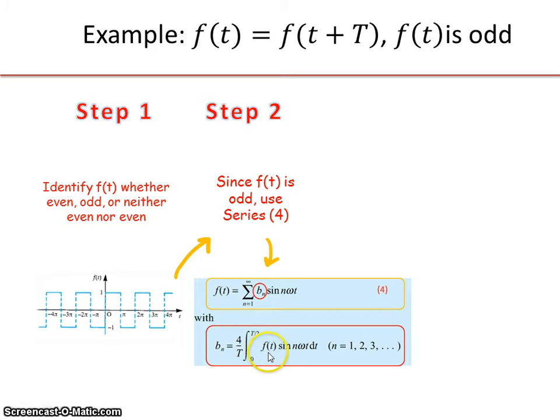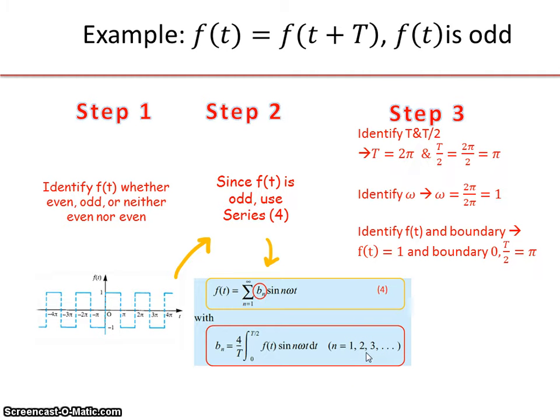Okay, but here the f(t) is always multiplied with sine n omega t dt, where n is defined from 1, 2, 3, and so on. After that, we can identify the T and the T over 2. The T here, the period, is used when we want to define this value.